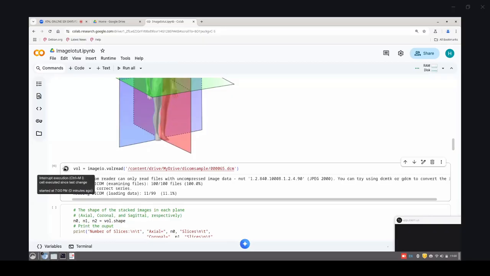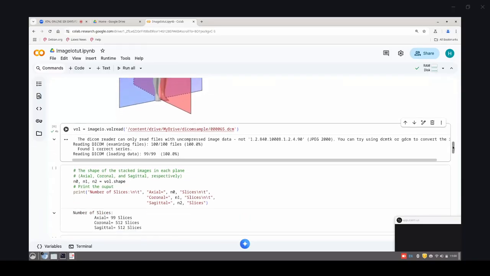So I am now loading another image using the imageio volread function. Earlier I showed you imread; there is a volread function. Using that, I can read the entire 3D image from 0000065.dcm.